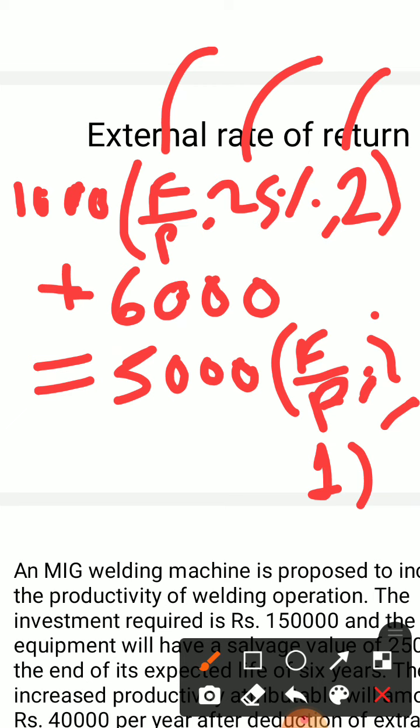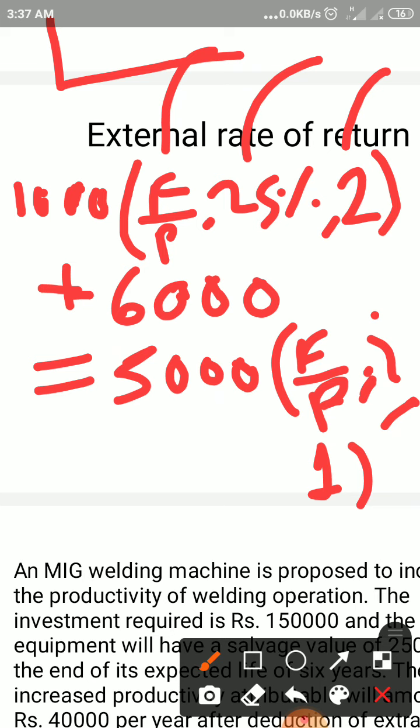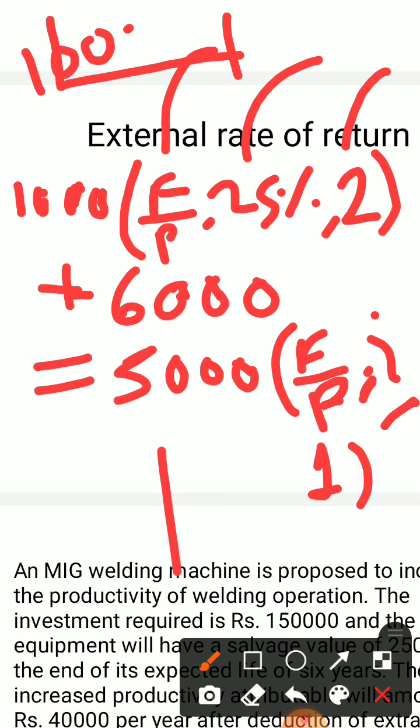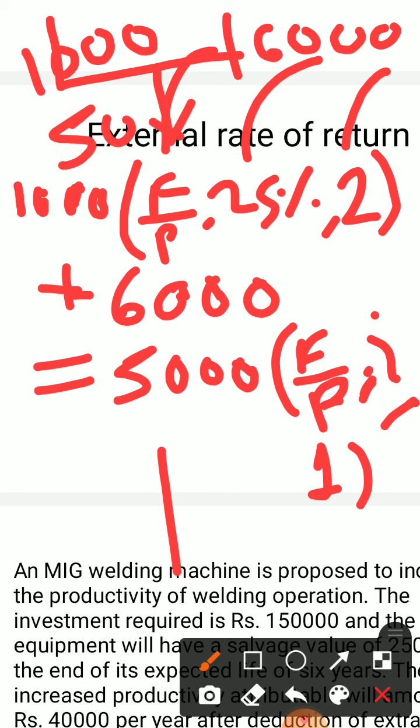Now in this case we write the equation for that particular case that we discussed earlier. So this is the case: 1,000 at first, 6,000 after 2 years, and one more expense after the first year, which is 5,000. For the 5,000 expense we consider the period as 1 year.